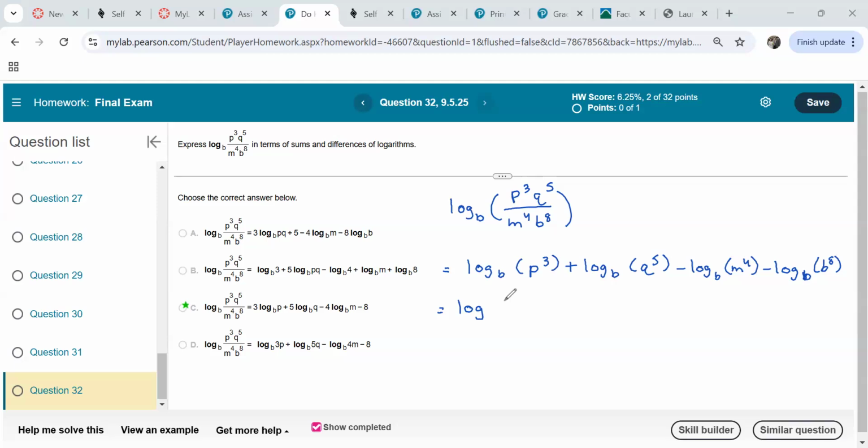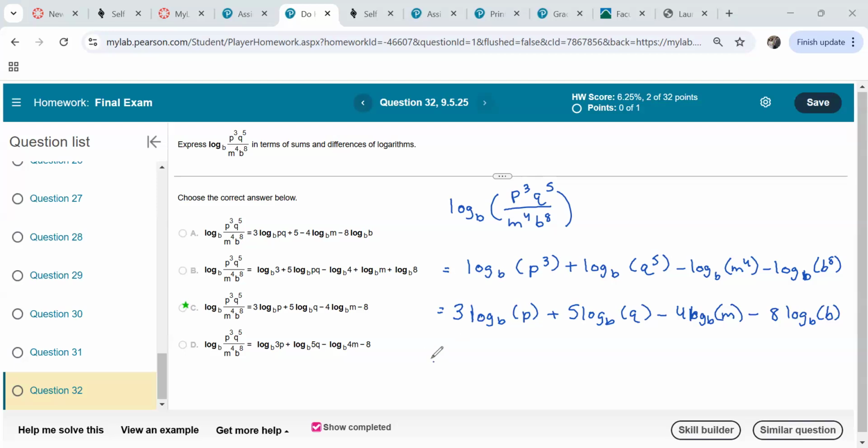So our power rule says I'm going to pull these powers out front. So this is 3 log base b of p plus 5 log base b of q minus 4 log base b of m minus 8 log base b of b.